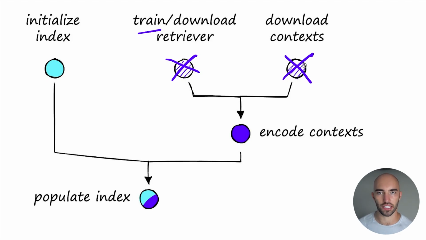We'll use a validation set for that. Now, the next step on this side is to encode those contexts, which we will do in a moment. And then over here, we also need to initialize our index for our vector database. And then we're going to take those encoded contexts and our initialized index, and we're going to populate that index with our encoded context vectors. So let's get started with that.